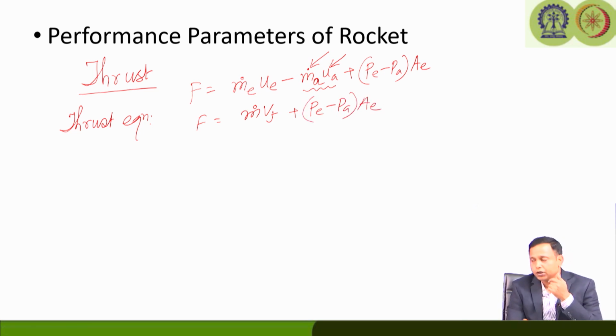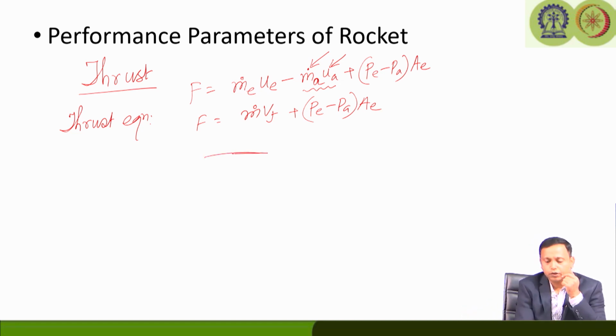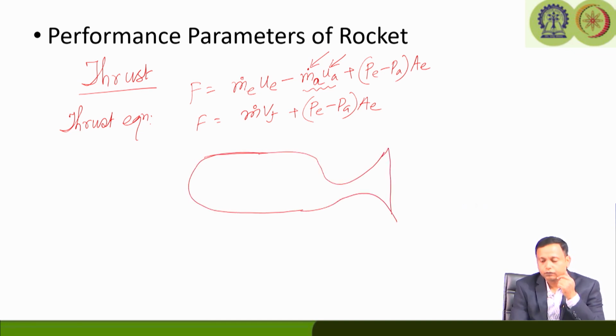If you take a simple schematic of a rocket, we have the exit area Ae, and the ambient pressure is working all around the rocket. So, this is the ambient pressure Pa, and here it is also Pa.